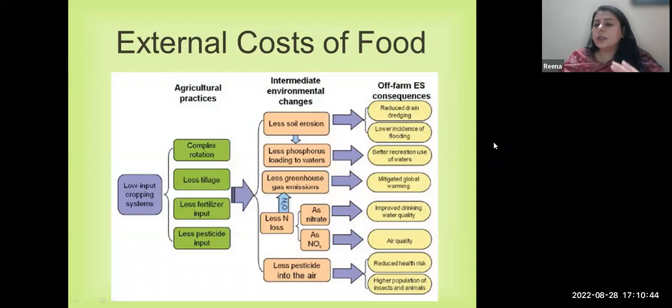When you are discharging fewer pesticides to the freshwater streams on the outskirts of the agricultural plot, that helps improve drinking water quality. There will be no discharge of toxic pesticides into freshwater streams of that area, and a lower incidence of flooding due to less soil erosion. So these are again external costs of food.